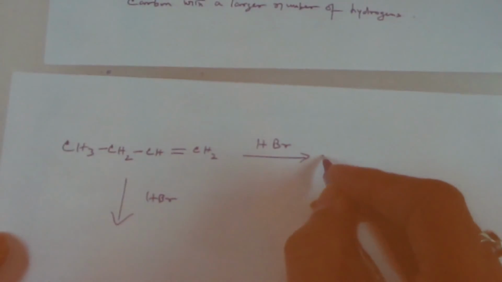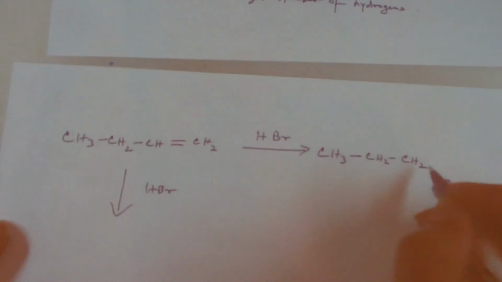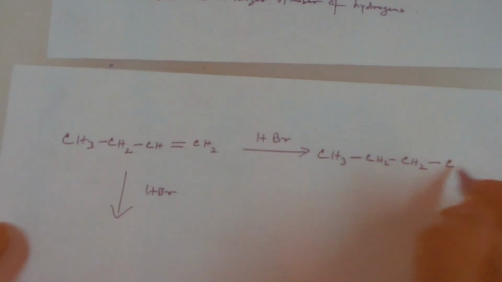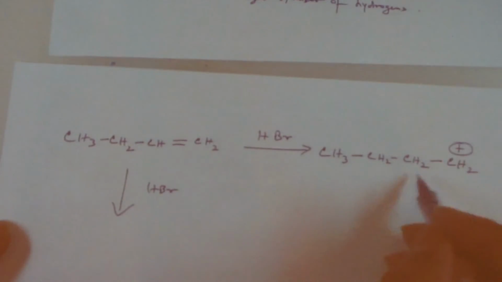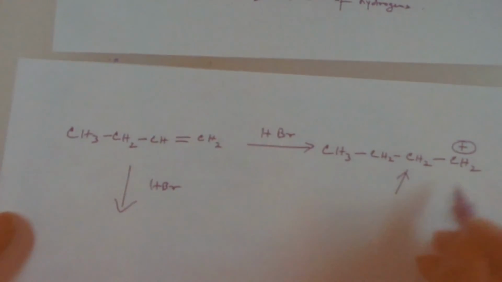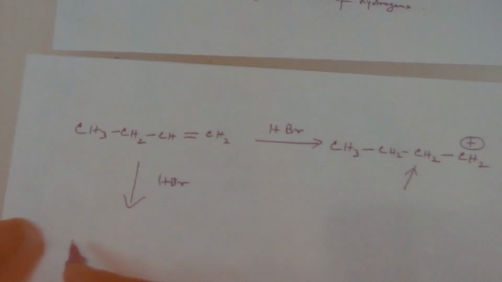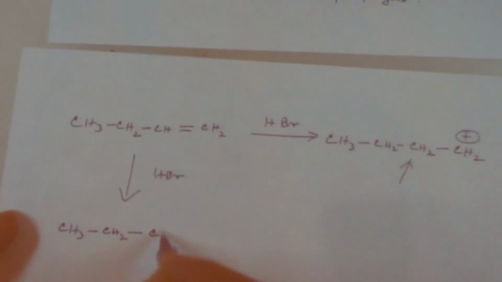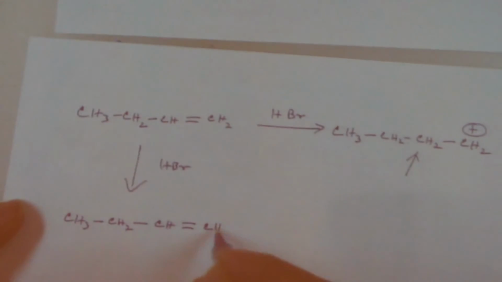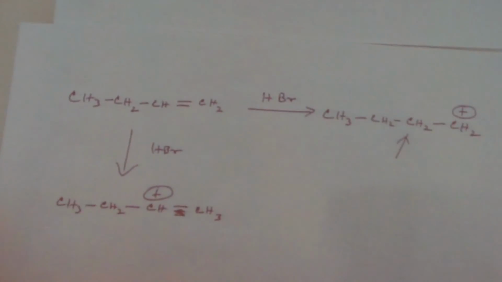And so the possibility is that, let's say, we add to the first carbon, CH2, and the positive charge migrates here. The new hydrogen is added here. And as a result, the positive charge migrates on the other carbon. And if we do the reverse of that, then the hydrogen would be added here, and the positive charge would migrate there.